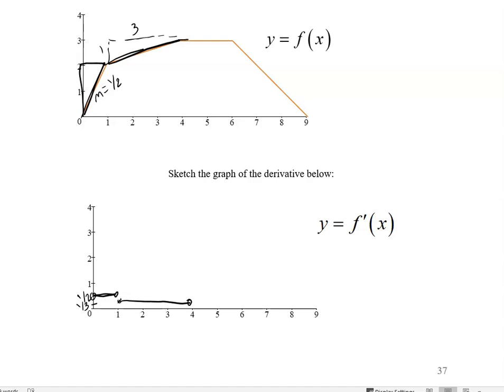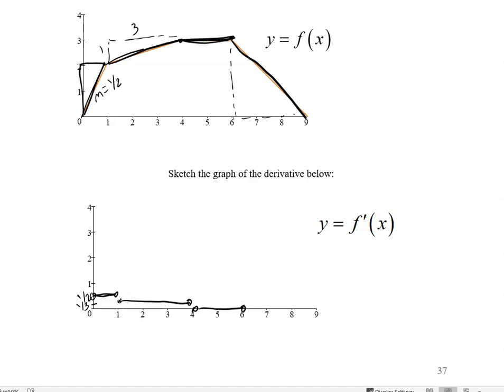And then in between, I have a slope of 0. It's a horizontal line segment in the original function until I get to 6. So my slope there would just be 0. And then from 6 to 9, I have a negative slope because the line's going down. So I'm going to do rise over run. I go down 3, and it looks like I'm going to go over 3.